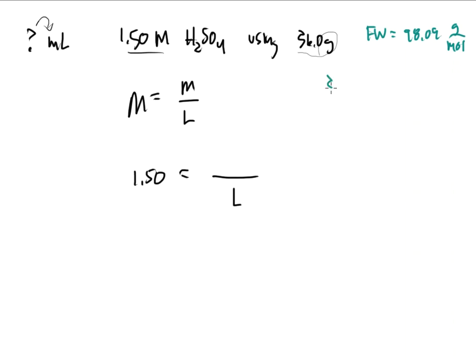So I've got 36 grams of sulfuric acid. Gram on top, gram on bottom. I need to go to mole. This formula weight says there's 98.09 grams per 1 mole, so a 1 goes there.